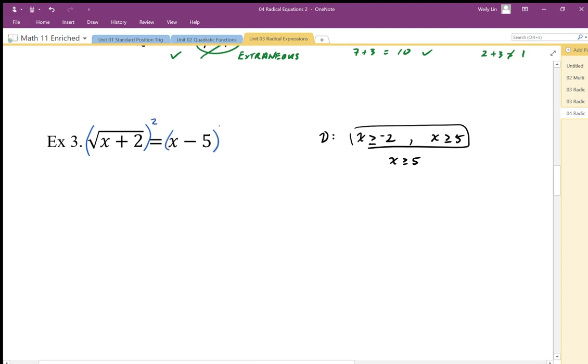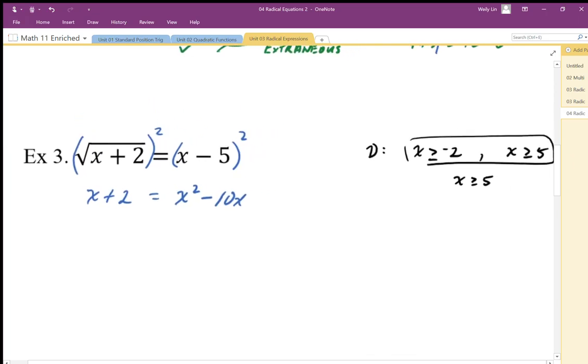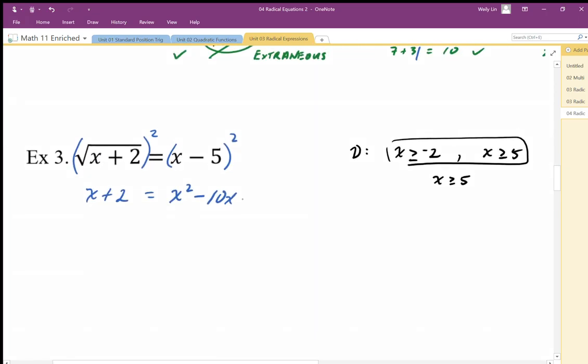Here I'm going to undo the square root with a square. x plus 2 equals (x minus 5) squared, and make sure you FOIL that out: x squared minus 10x plus 25, since negative 5 times negative 5 is positive 25.